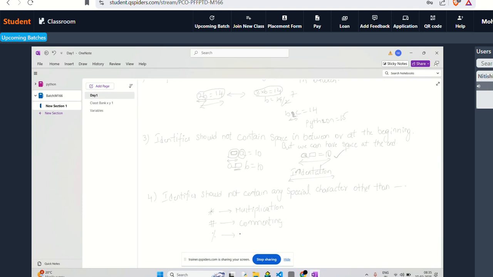And percentage is used in case of division, guys. So we cannot use these special characters in an identifier as a variable, but we can use underscore, because underscore does not have any specific functionality in Python. Except underscore, each and every special character has its own functionality.